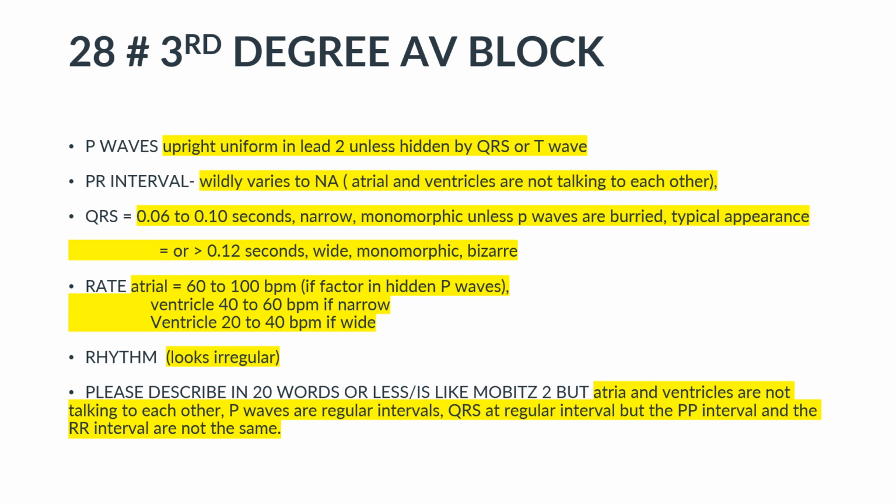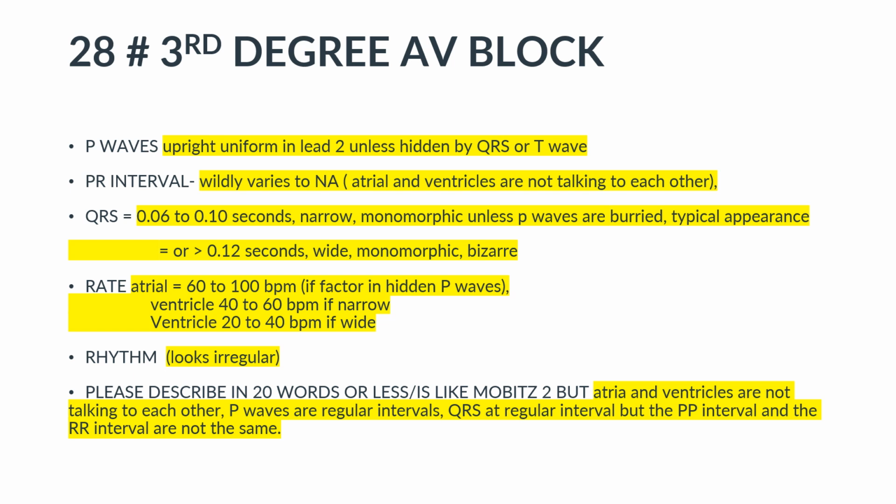If it's coming from deeper down in the ventricles, it's going to look wide and bizarre, equal to or greater than 0.12 seconds. Now, if it's coming from the exact same spot in the ventricles every single time, it's going to be monomorphic, right? Once again, unless you have a P wave buried.